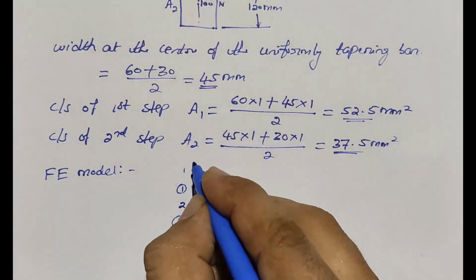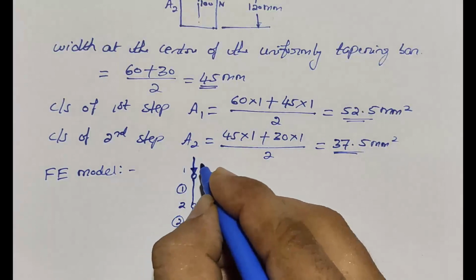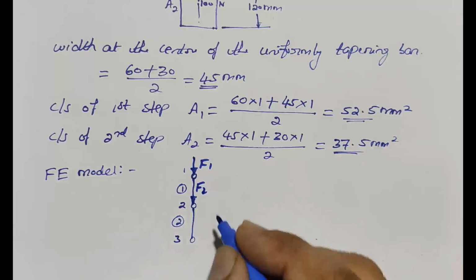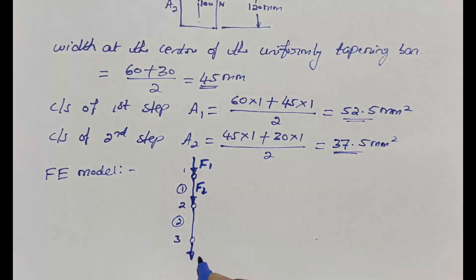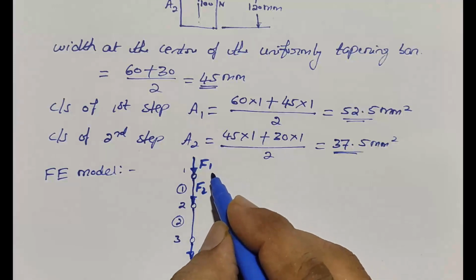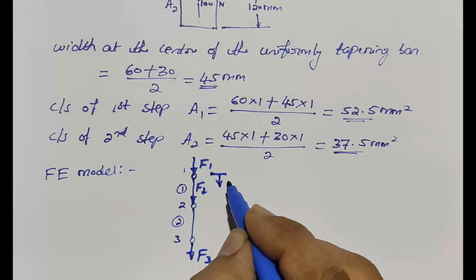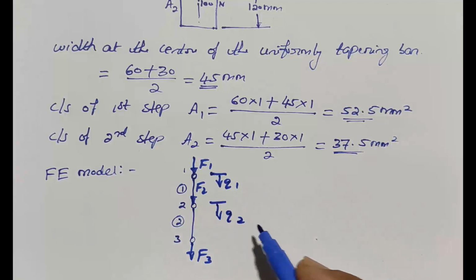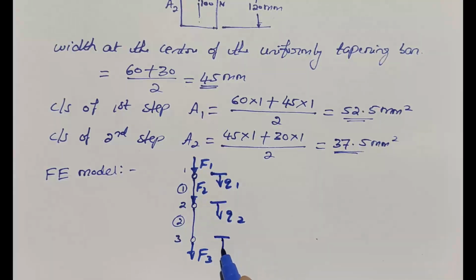Nodal forces: at node 1 it is F1, at node 2 F2, at node 3 it is F3. And displacements at node 1 Q1, at node 2 Q2, and at node 3 it is Q3. So this is the finite element model.